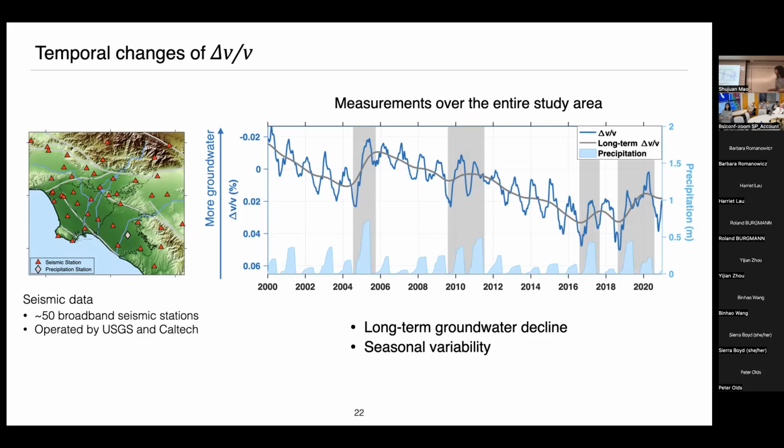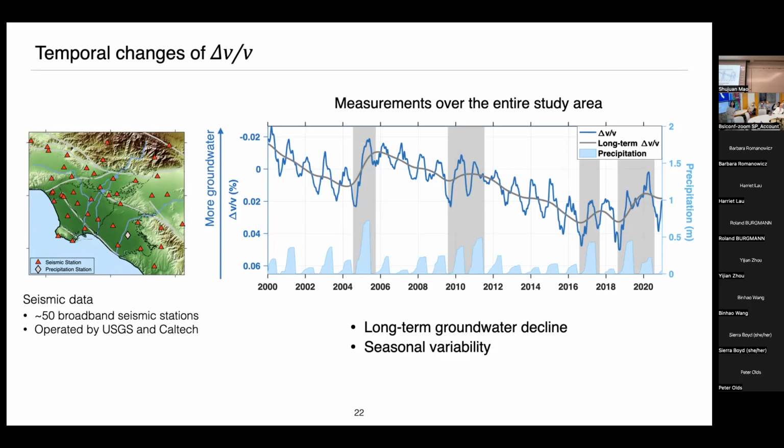I also want to mention this year, which was quite interesting, because people observed very significant extensional and uplift signals from GPS stations in the San Gabriel Valley. People were wondering if there was a big earthquake or some aseismic deformation or deformation related to faulting. But it turns out to be just a year of very abundant rainfall.